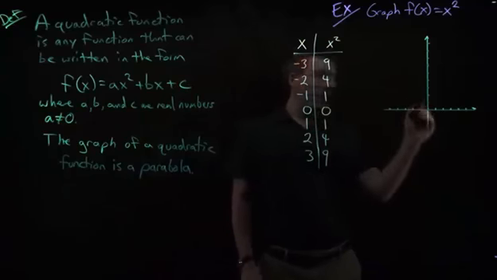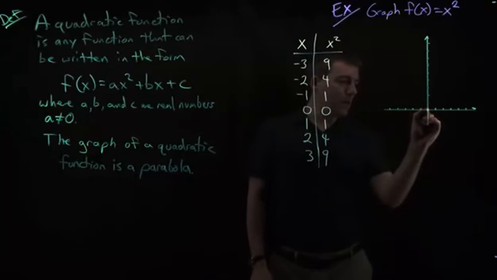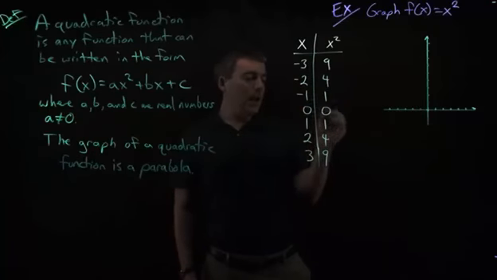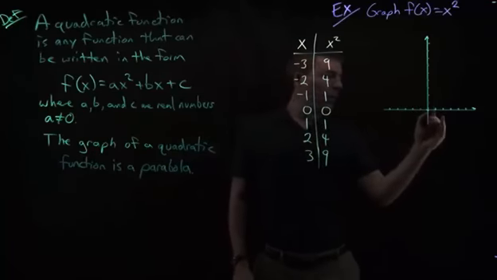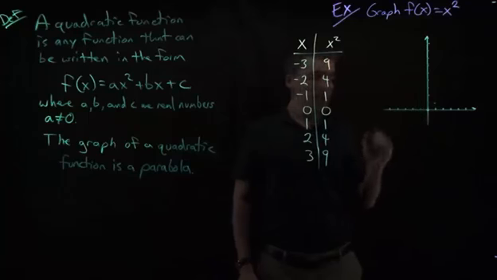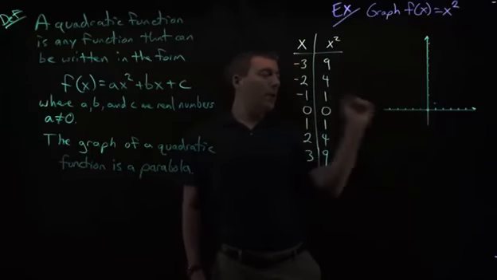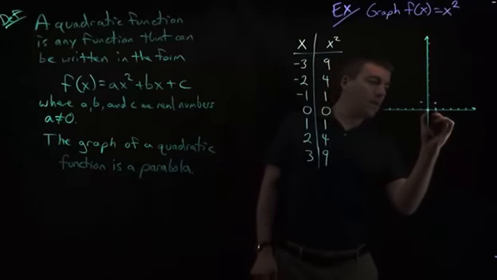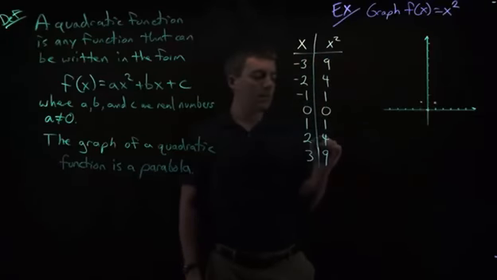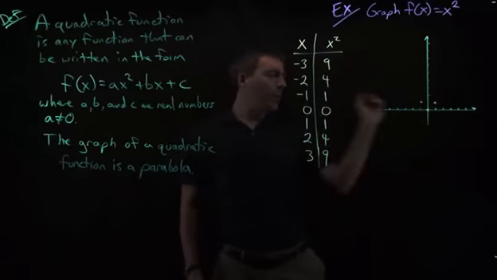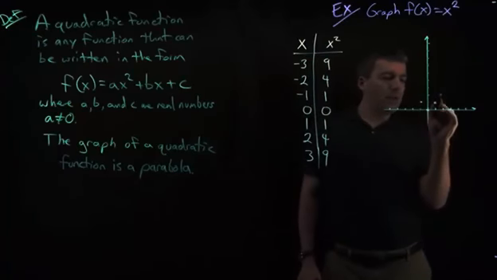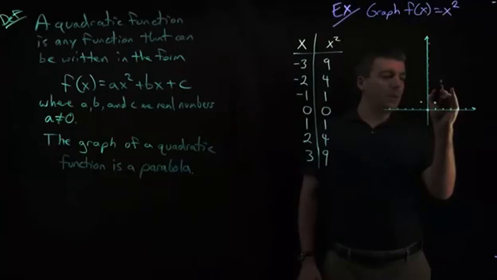We've got the origin. I'm going to go ahead and plot the origin on there first. And now we have 1, 1, so over 1, up 1. And we also have negative 1, 1, so to the left 1, and up 1. And we have 2, 4, so we go over 2 and up 4. 1, 2, 3, 4.